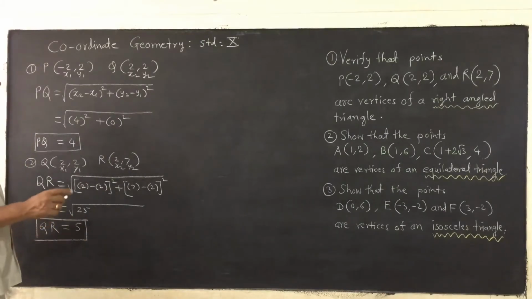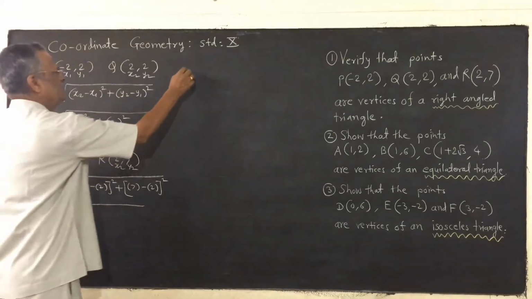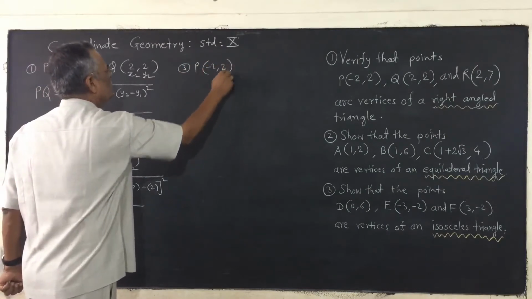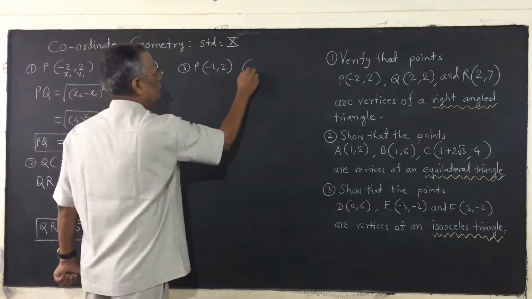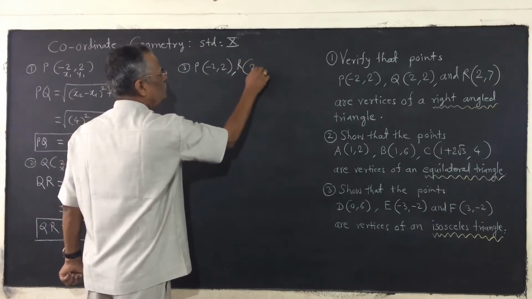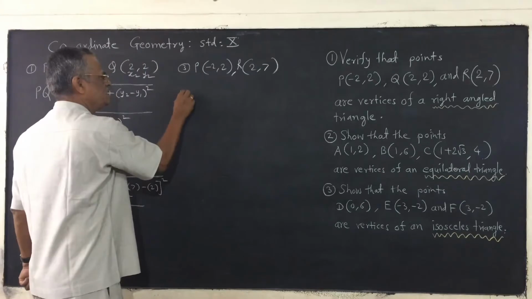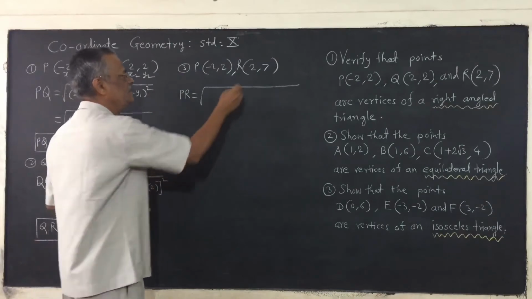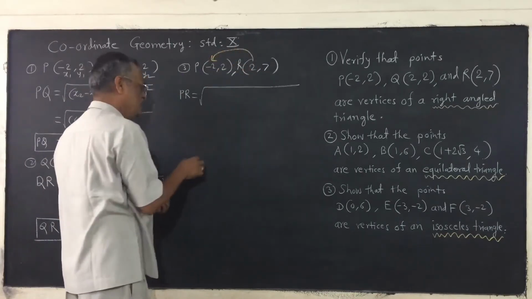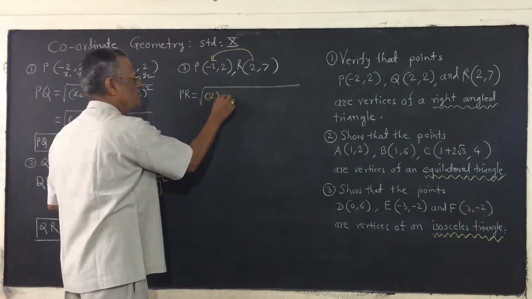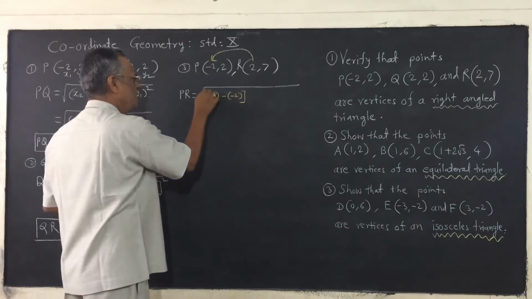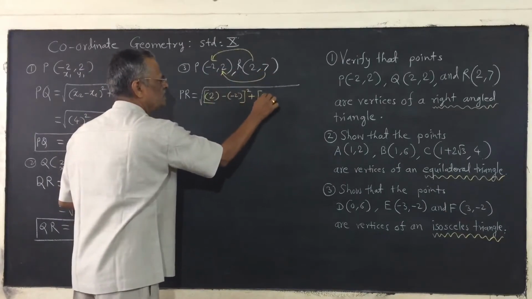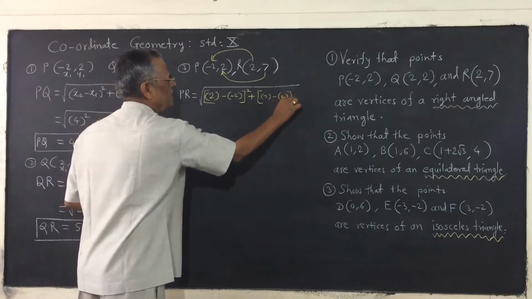Similarly, we have to calculate the segment PR. That is your third side. P coordinates are -2, 2 and R coordinates are 2, 7. We have to use the distance formula again. You know x2 minus x1. So this is your x2. What is that? (2 minus 2) whole square plus, this is (7 minus 2) whole square.